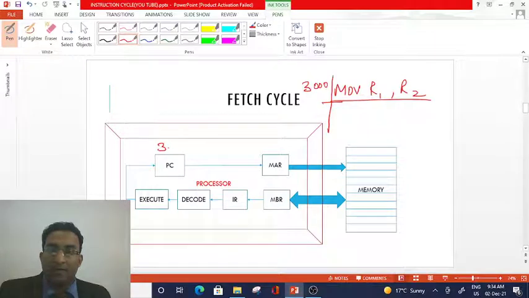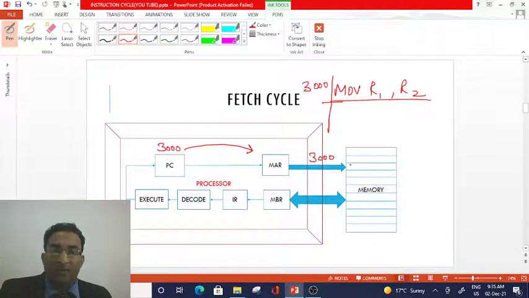The program counter is having a value of 3000. So the program counter will transfer this particular address to the MAR, that is called memory address register, and through this memory address register the processor will reach to the location 3000, and in the 3000 location the processor has to do the memory read operation.